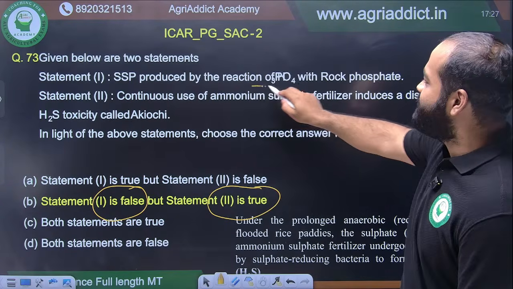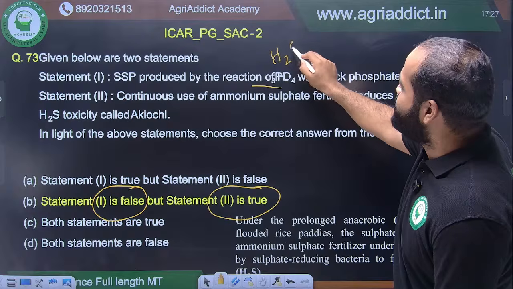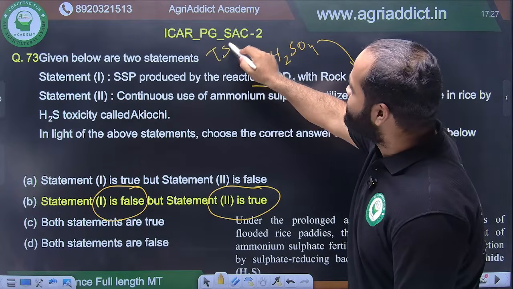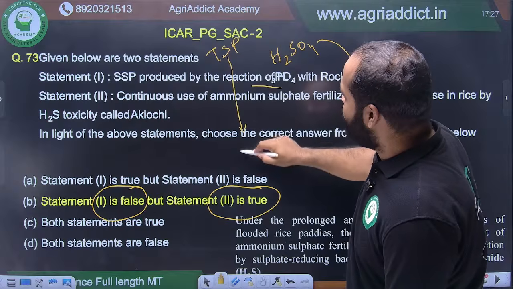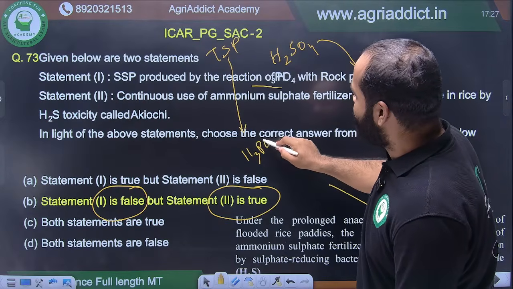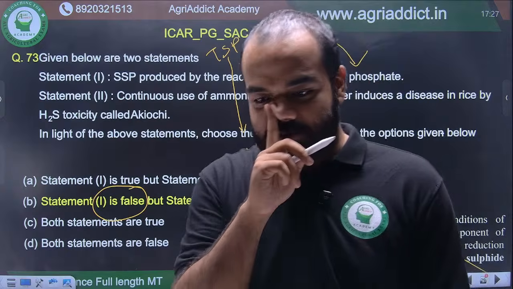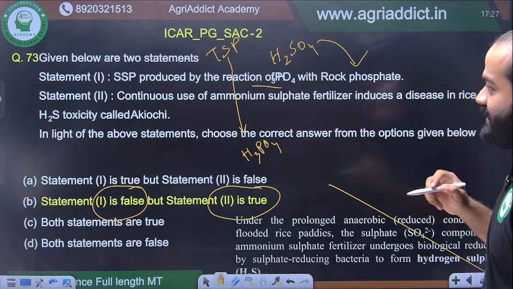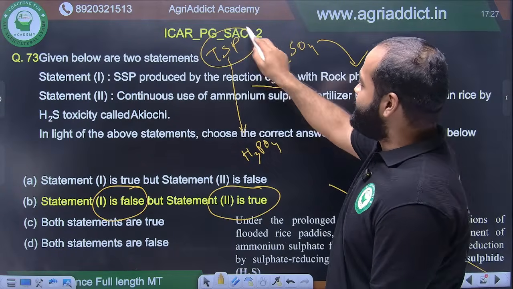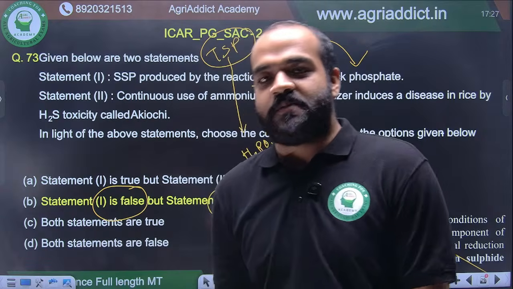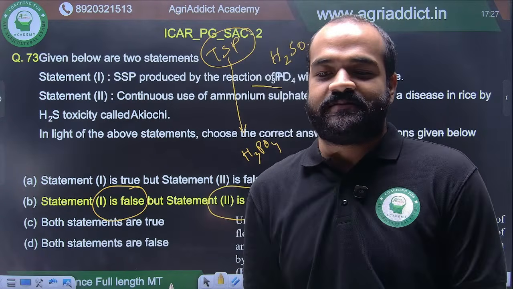SSP is produced by the reaction of H2SO4 with rock phosphate. TSP is produced by the reaction of H3PO4 with rock phosphate. है ना? A is false, B is true. Yes. TSP और SSP में जो फर्क है, that is single superphosphate and triple superphosphate, है ना?